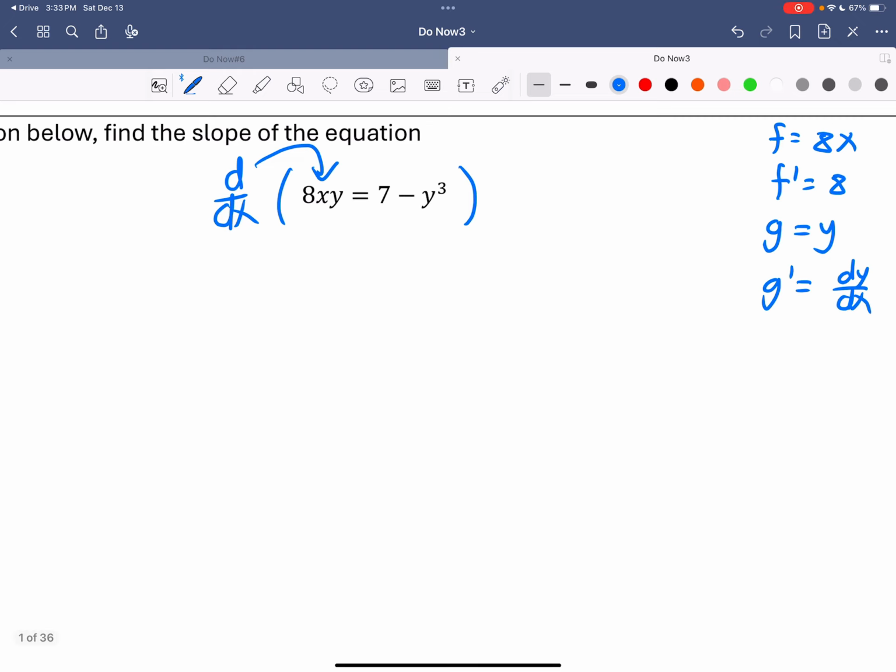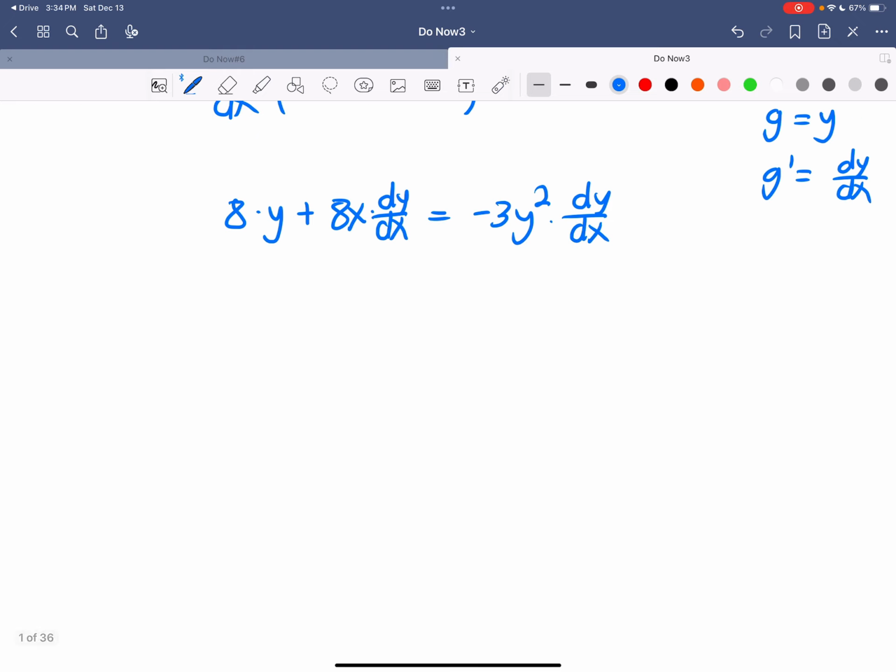So this will turn to 8, f prime, times g, which is y, plus f, 8x, times g prime, which is dy over dx, equals the derivative of 7, which becomes 0, and the derivative of negative y to the third power becomes negative 3y squared times dy over dx.